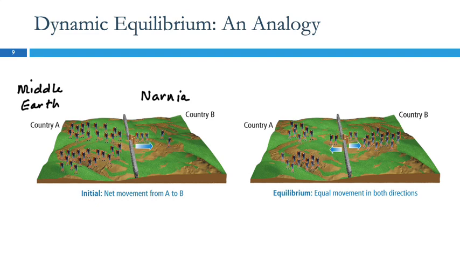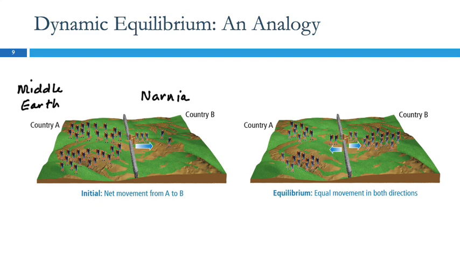So people will be moving in both directions now. So at any given time, the number of people living in Narnia is relatively constant, even though just like at the airport, it's not the same people all the time because people are moving in and people are moving out. Does that make sense? Any questions about that?